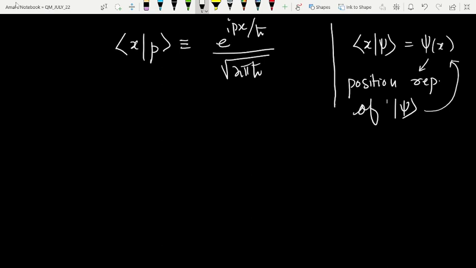So similarly, what is this? This is the position representation of momentum vector p.